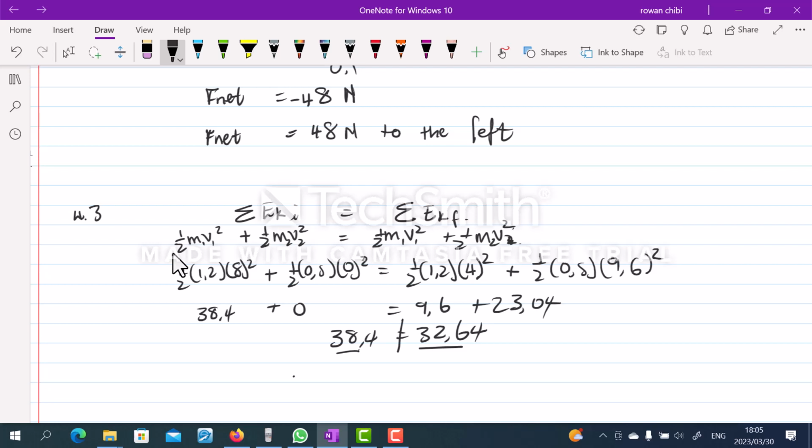So this means that the collision is inelastic. It is an inelastic collision because the sum of the initial kinetic energy is not equal to the sum of the final kinetic energy. So that's how you do this one.